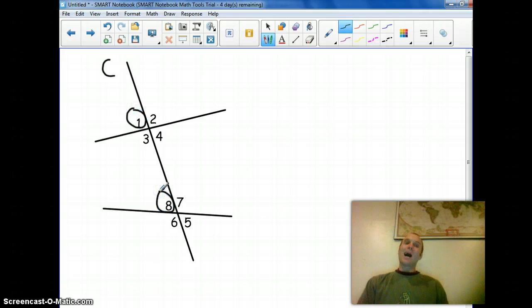We said same side of the transversal. Those are both on the left side of the transversal. And they are at corresponding intersection points. So at each of the intersections, they're top left. Which means 2 and 7 are corresponding, 3 and 6, and 4 and 5 are all corresponding. Make sure those are written down in your notes for corresponding angles.